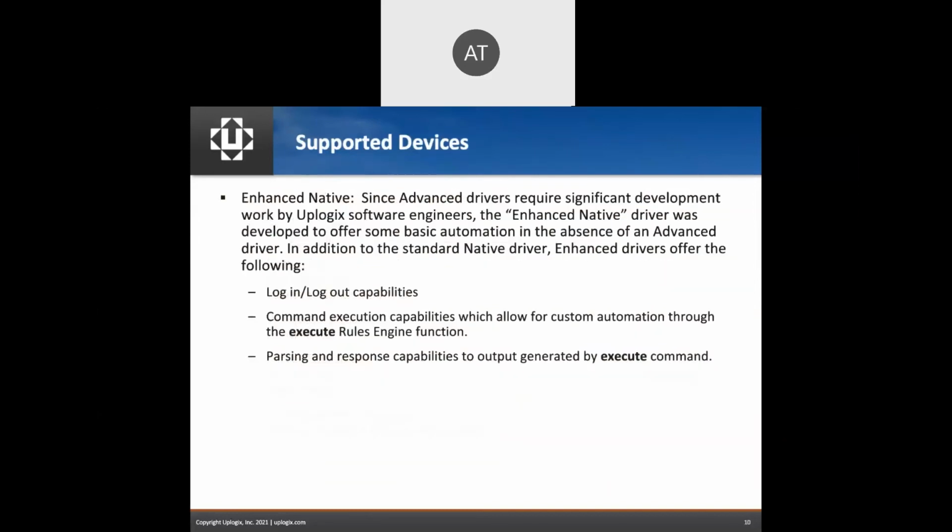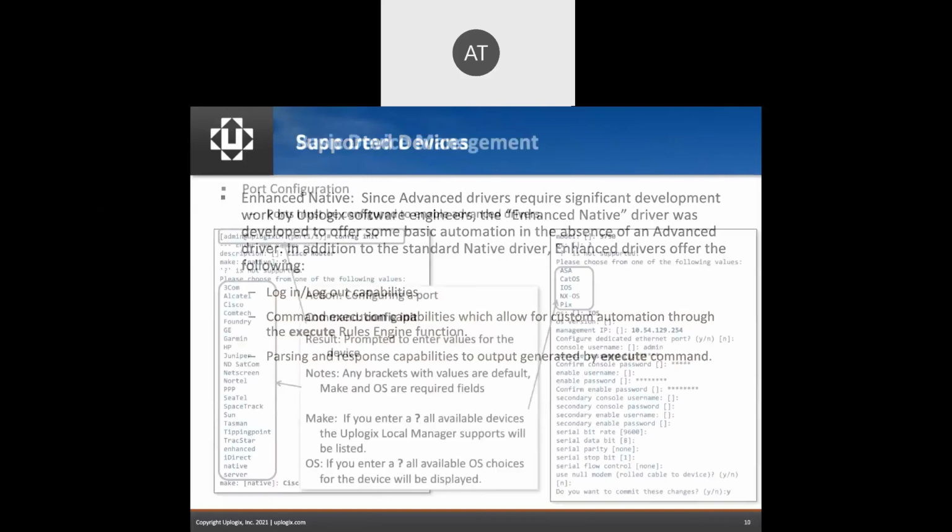A little bit more, we also have this driver that we call enhanced, and that driver can basically be taught how to log in and out of devices. So if you ever have a device that you want to do some management and backups and automation on, that's not a Cisco, not a Juniper, not something we've seen before, we do have this driver available for that, and so it's very flexible for that type of thing.